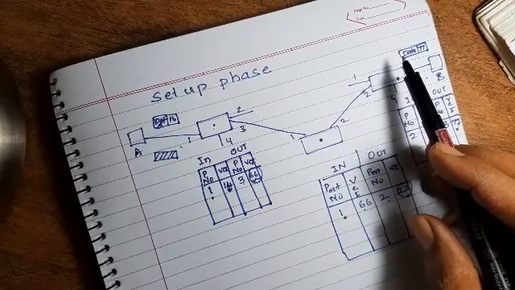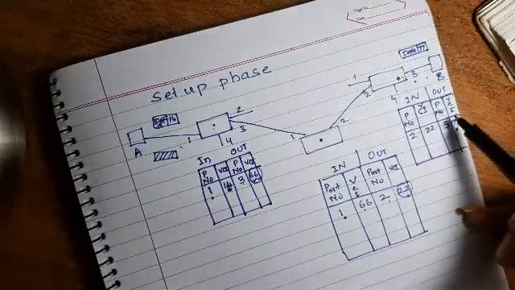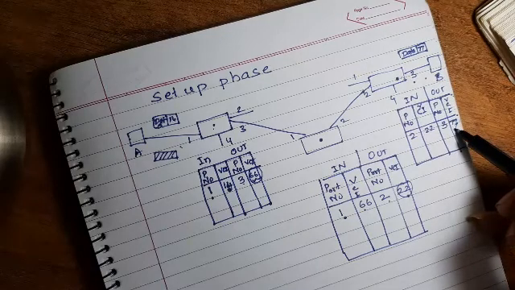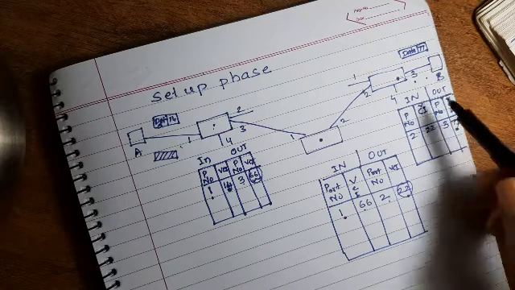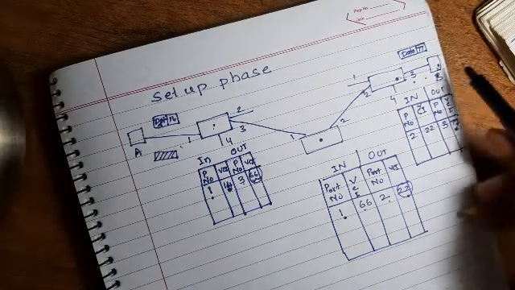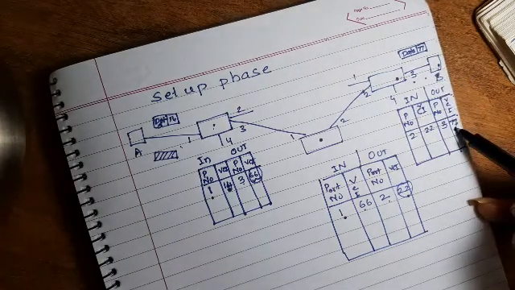The frame also carries a virtual circuit identifier, which is supposed to be entered into the 4th column. This particular identifier is chosen by B. So this will be entered in the 4th column as the virtual circuit identifier.